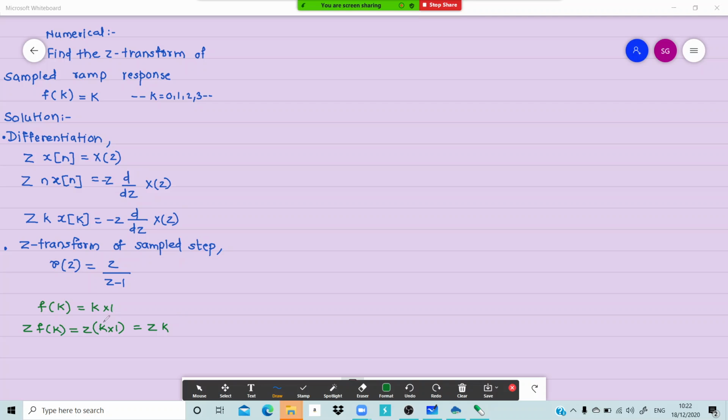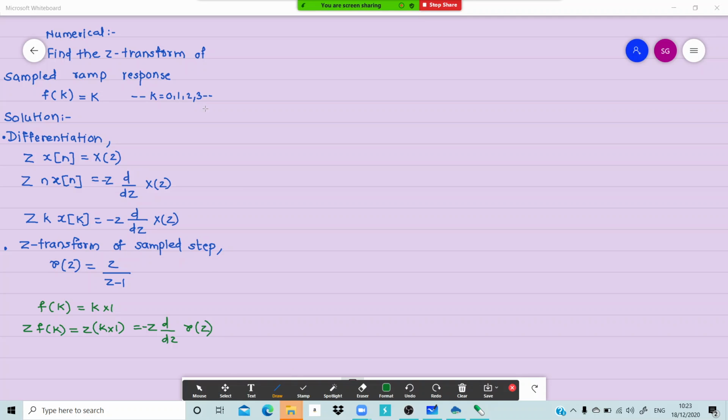So we put it in the formula: minus z d/dz of x of z. This is k into 1, and this 1 is the unit step. Now you know x of z: your function is actually the unit step, so I'll write Gamma of z. Is it okay? Right?